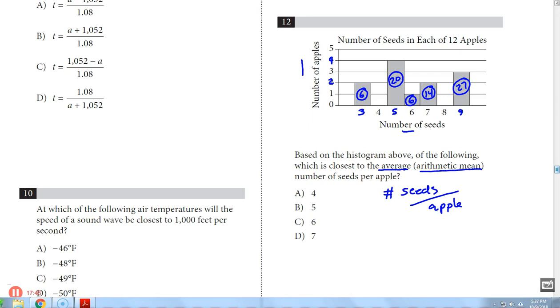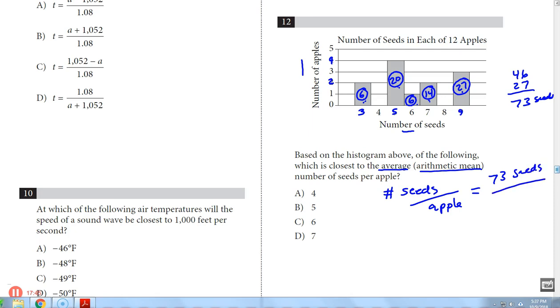So the total number of seeds is, let's add this up, 6 plus 20, that's 26. 6 more is 32. Add the 14, that's 46. And then finally I add in the 27, and there's 73 total seeds when I add each of these up. So 73 seeds.